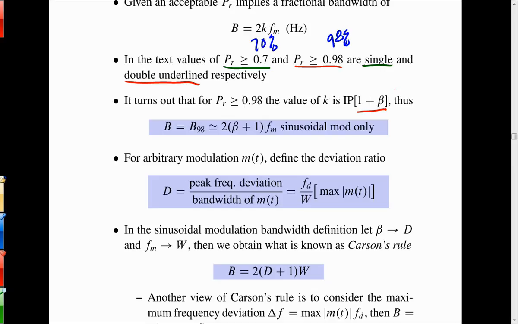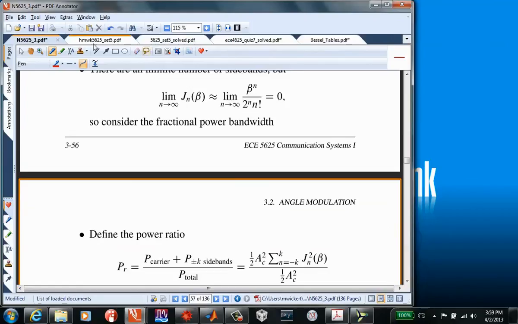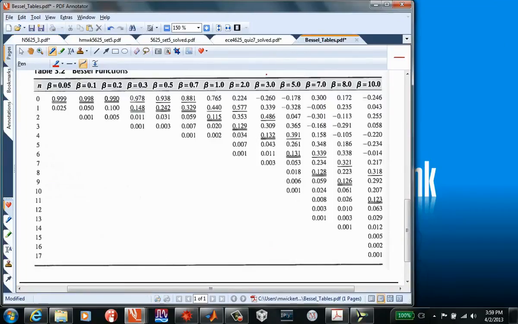So 1 plus 2.4048 would be the integer part of 3.4048, which would be 3, right? Does that sound right? So let's go look at the table and see if that makes sense. 2.4048 is not really on here, but it's somewhere up in between here.